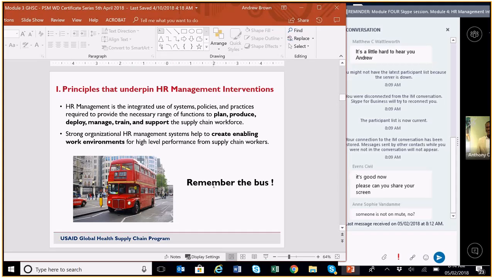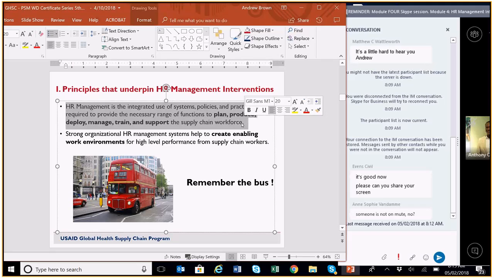And our overall aim, if you remember again from our first webinar, was to be able to integrate the use of systems, policies and practices required to provide the necessary range of functions to plan, produce, deploy, manage, train and support the supply chain workforce.